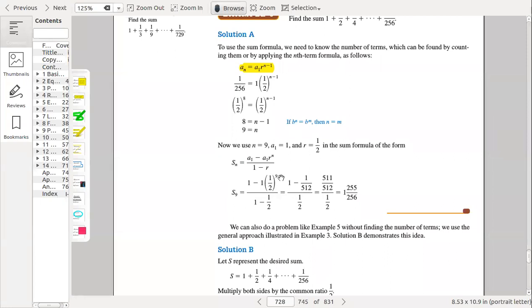Then 2 power 9 will be equal to 512, and we get the LCM as 2. After simplification, we get the answer.